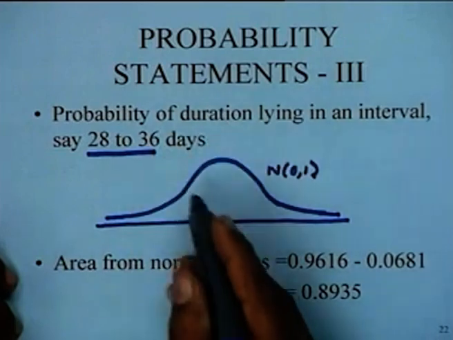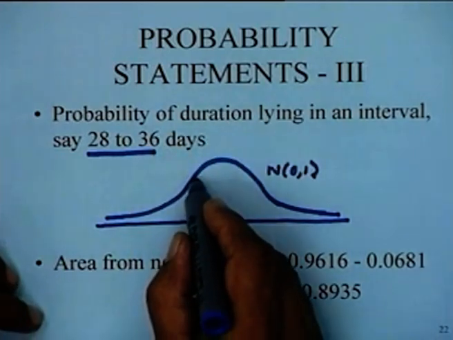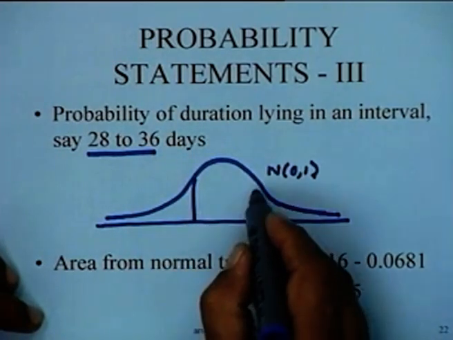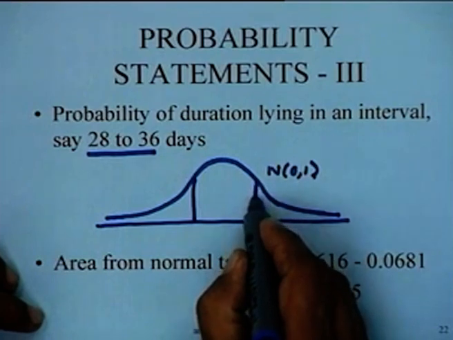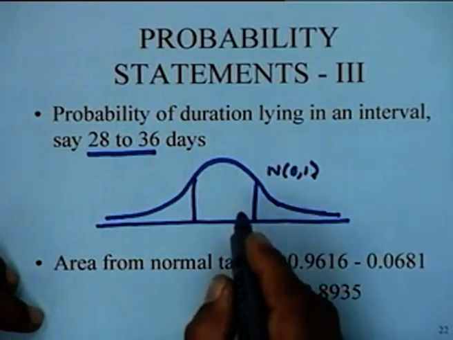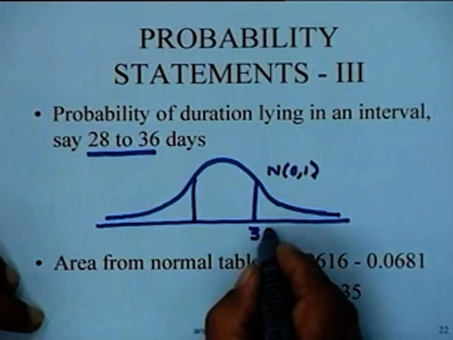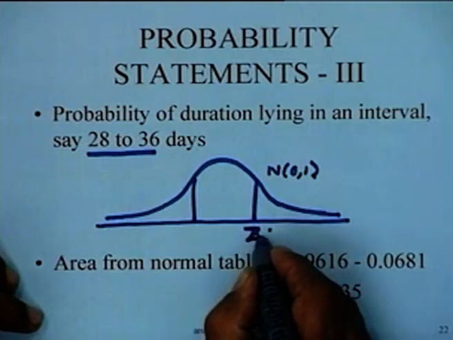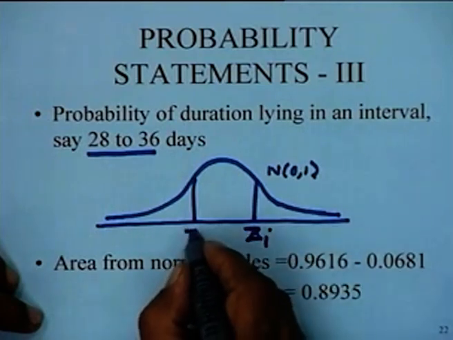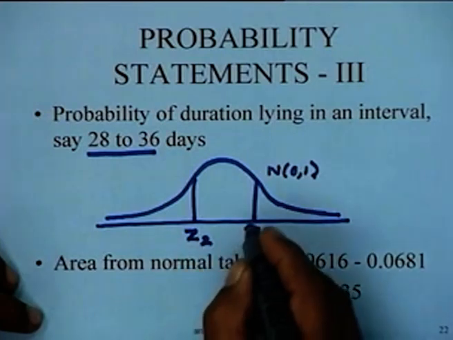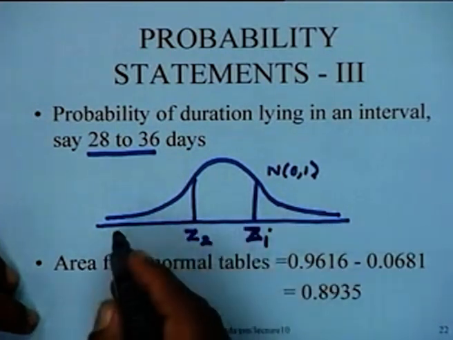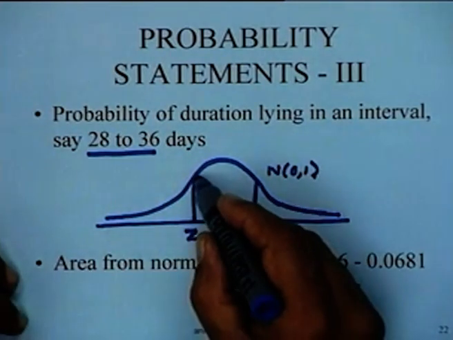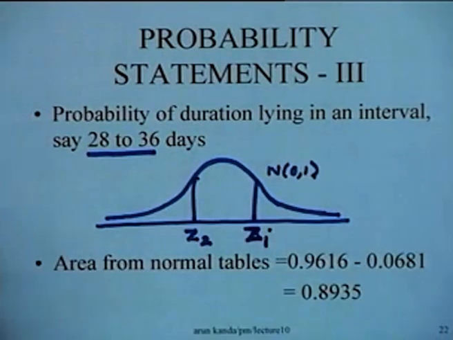So for each case you would have got a value of the areas. The 36 days would be here, let us say. For the 36 days you would calculate the corresponding z. So we write z1 here and z2 here, and we would have got the areas. If you take the difference between the two, you are then talking about this particular probability.